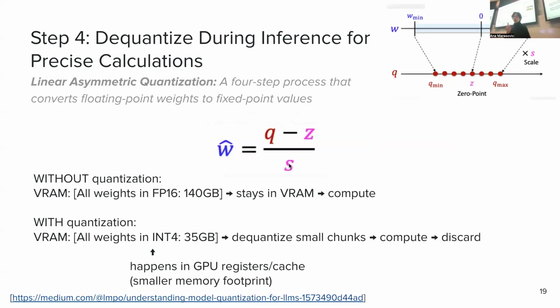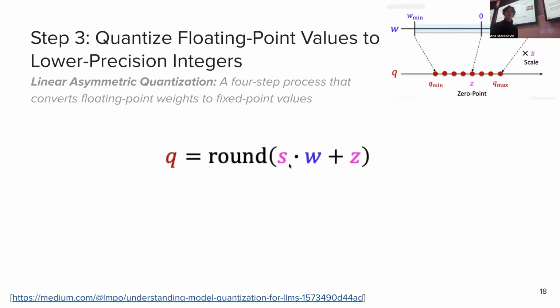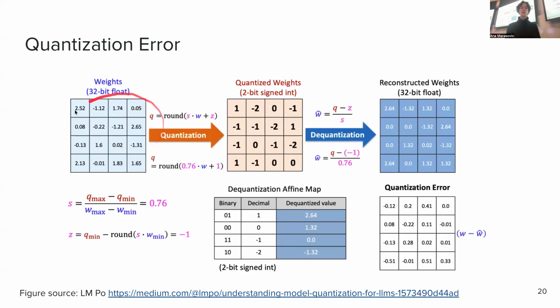Okay, so to store these weights, we are going to use these quantized values. Let me go to this example over here. We start with some matrix in full-bit precision. In this example, we are going really low, to only 2-bit precision. And this is how we store the model onto the GPU.